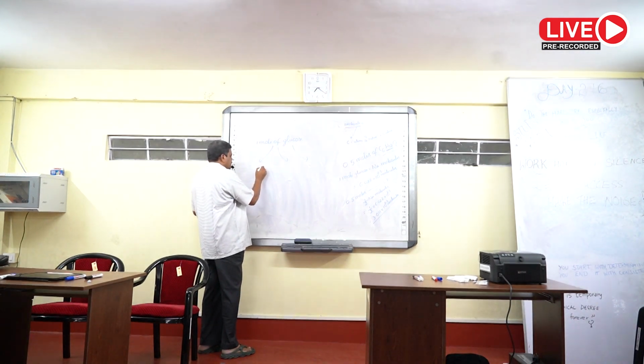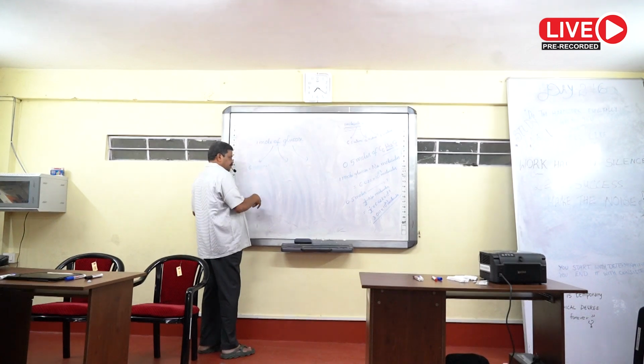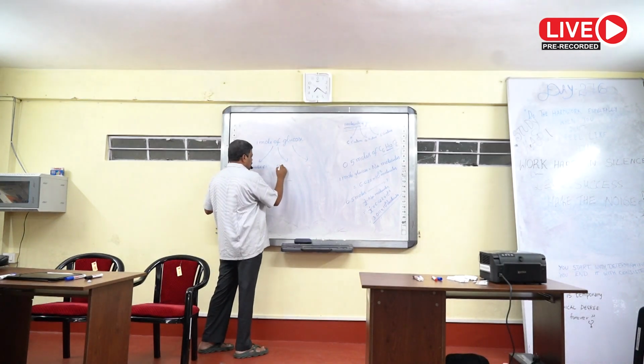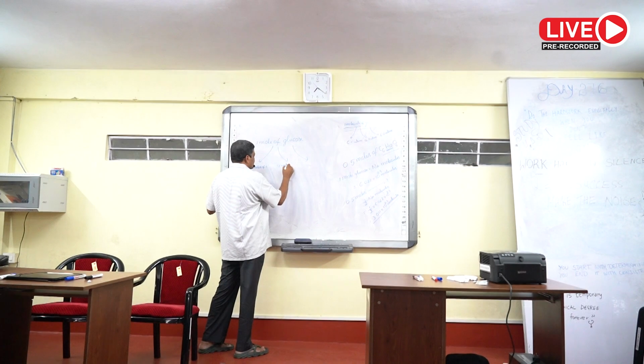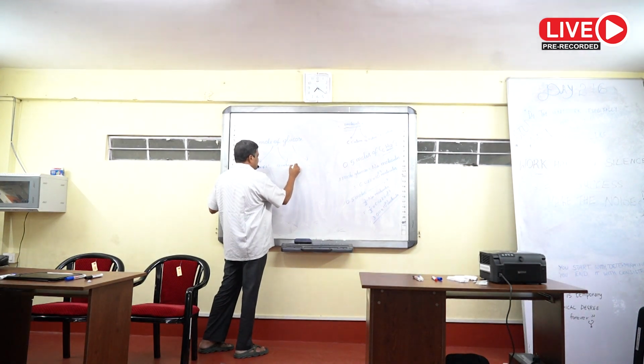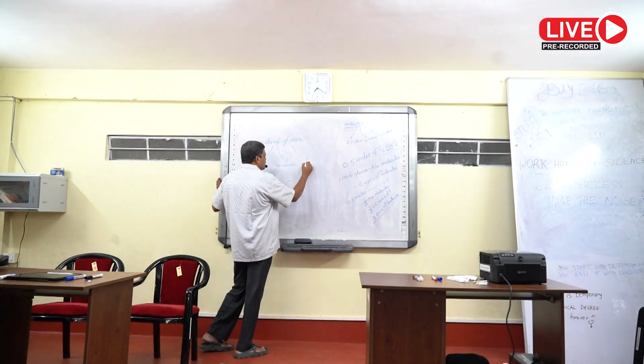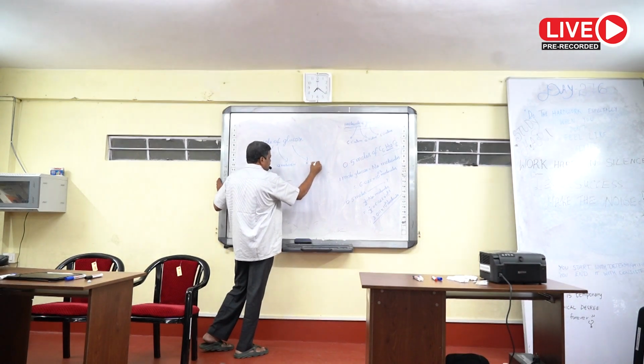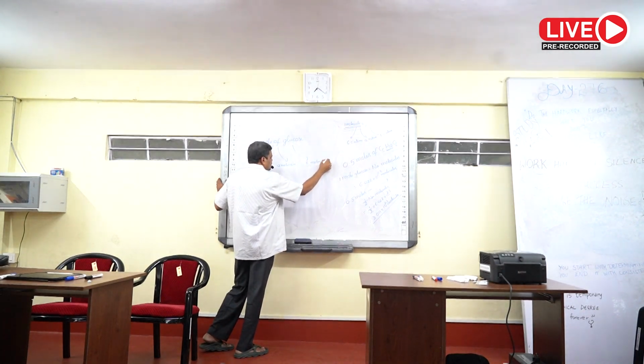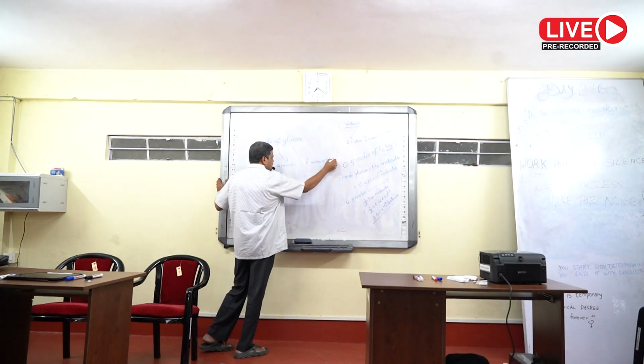So 1 mole contains 6 moles of carbon atoms, 12 moles of H atoms, 6 moles of oxygen atoms.